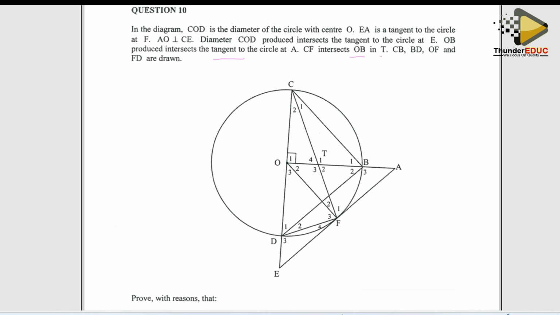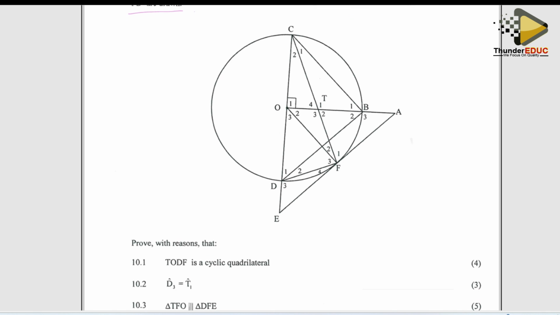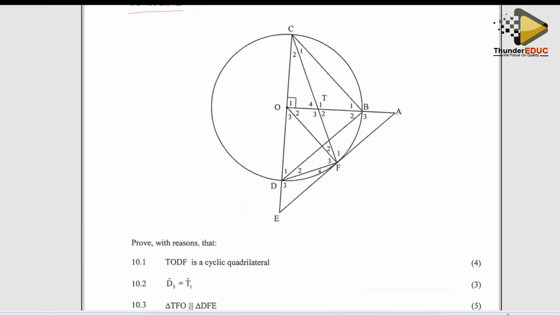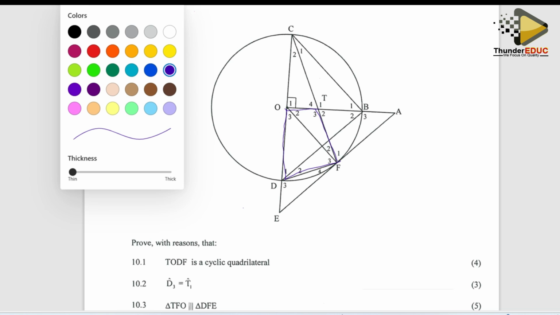And then we have OB and T, and these points are all true. Now they want us to prove with reasons why TODF is a cyclic quadrilateral.